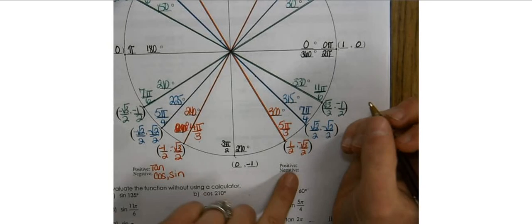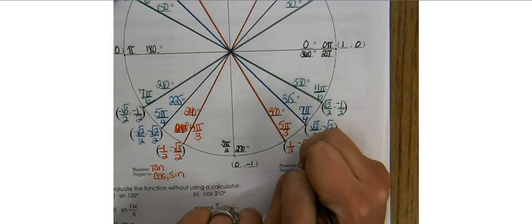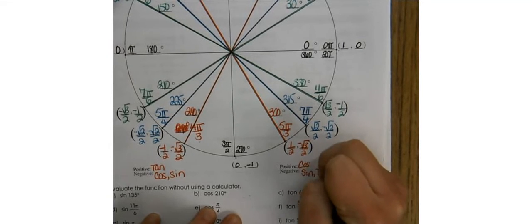And finally, we have "Calculus." Calculus is your cosine. Cosine is your x values. So your x values in this case are going to be positive. But your y values, your sine values, are going to be negative. And therefore, if you have a negative divided by a positive, you end up with a negative value. So that means that sine and tangent are going to be negative in this case.